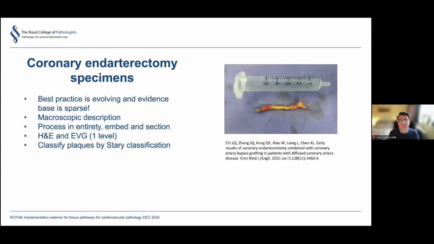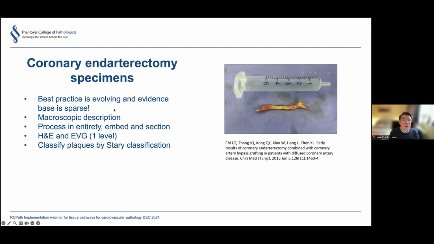And finally, this is the final section of the guideline, which is how to tackle coronary endarterectomy specimens, which can be received, for example, in the context of primary angioplasty. So sometimes the clinicians will remove the core or some parts of complicated atherosclerotic plaques.